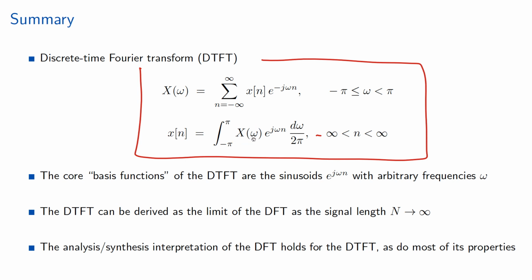How do we get the coefficients X of omega? Well, we use the analysis formula, and we set the size of the coefficient X of omega by the inner product between the signal x and this, call it, if you will, a basis function, although in quotes, that is a sine wave at the frequency omega. So the interpretation of analysis and synthesis is completely the same as in the DFT.